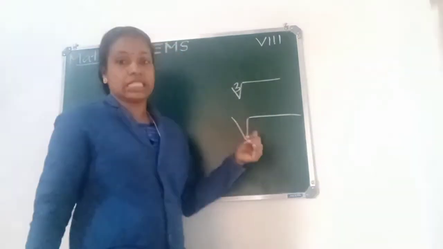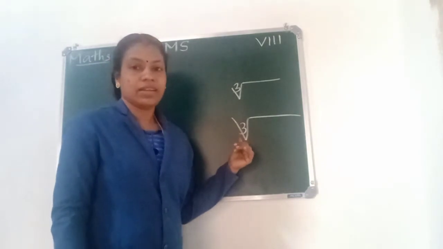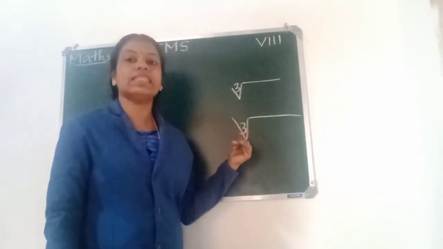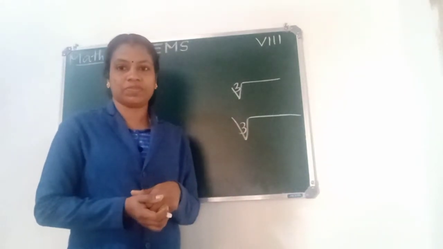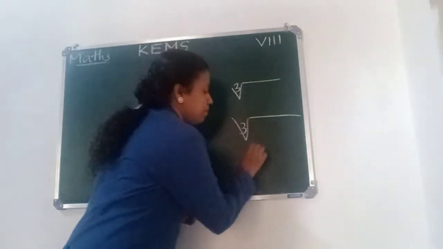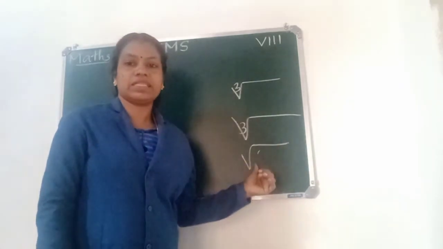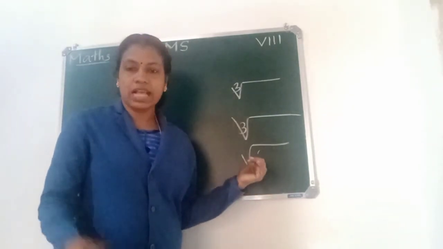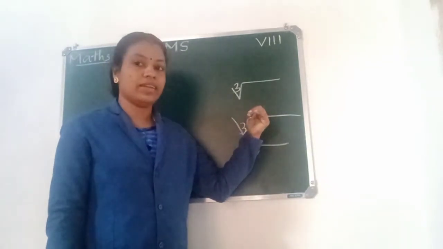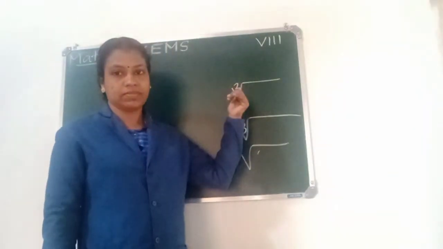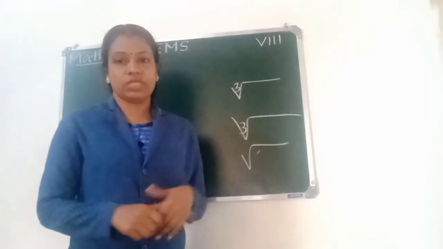Simply a root symbol represents square root. Here 2 is understood. That is square root. But in cube root, you can write 3 inside the root. Okay, clear? This is the cube root symbol.